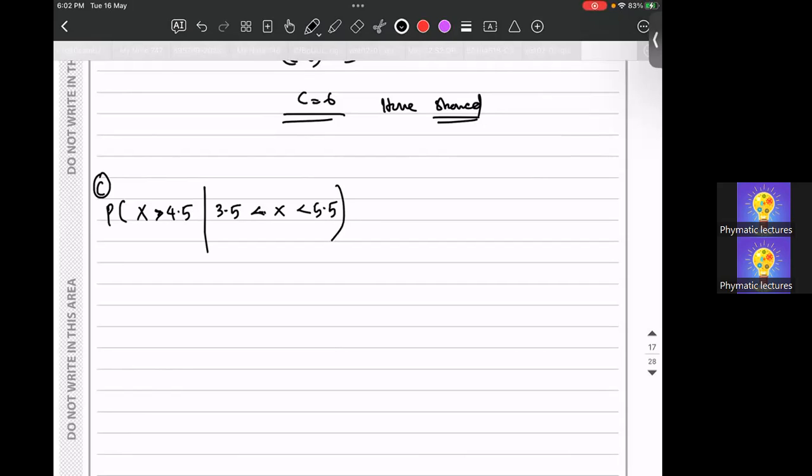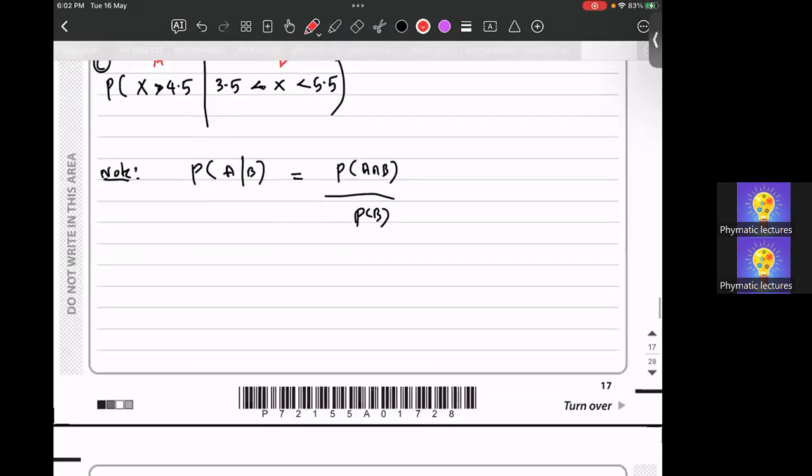So, note, what is probability of A given B? Probability of A given B is probability of A intersection B divided by probability of B. So this is our event A, this is our event B, correct?